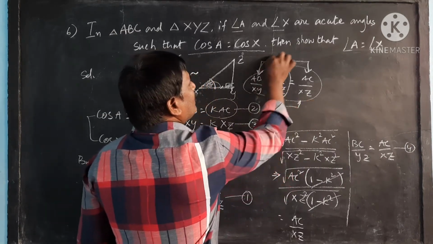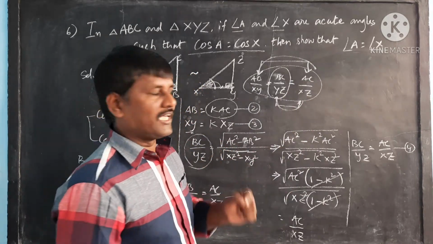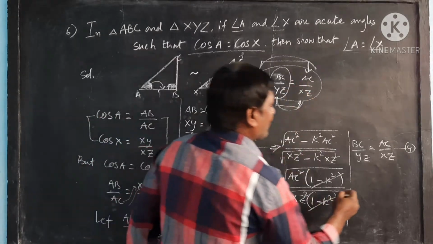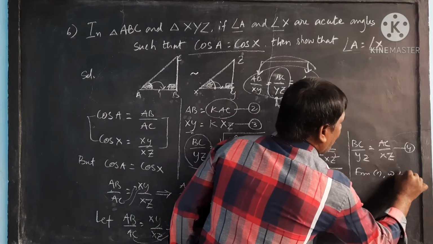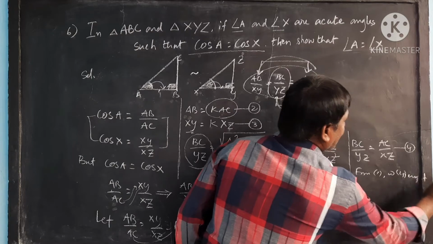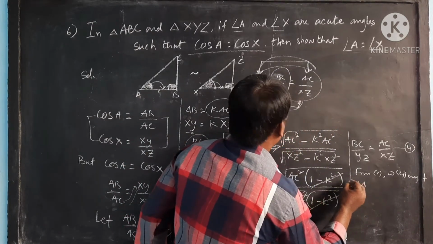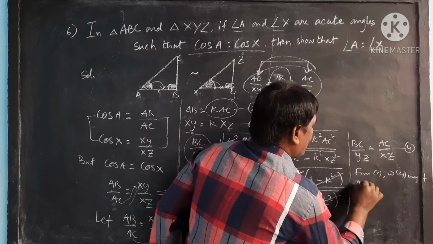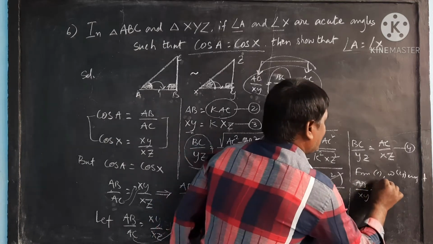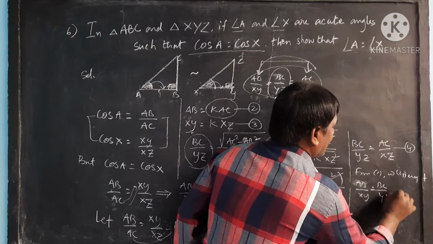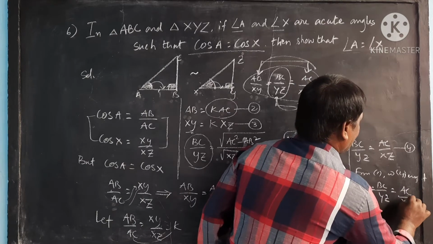So first these two are equal, then these two are equal. From equations 1 and 4, all of these are equal. So AB by XY is equal to BC by YZ is equal to AC by XZ.